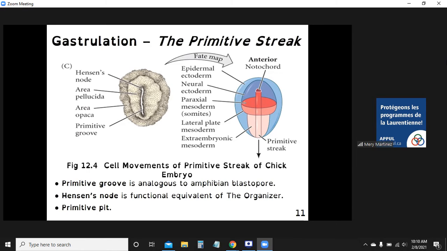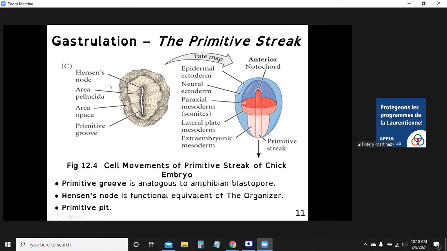Okay, so at the anterior end, that primitive streak has a regional thickening. So in here we also have a little bit of a thickening where cells are going to start moving into the anterior portion of the embryo, and it becomes the Hensen's node. Okay, so in birds it's called the Hensen's node. As we're going to see later, in mammals it is called the node, just to make the difference. But the action is exactly the same.